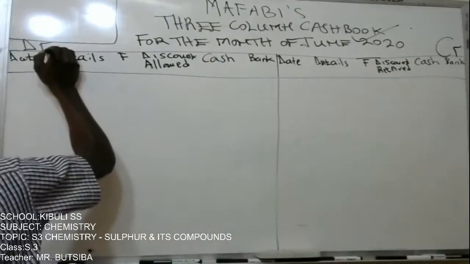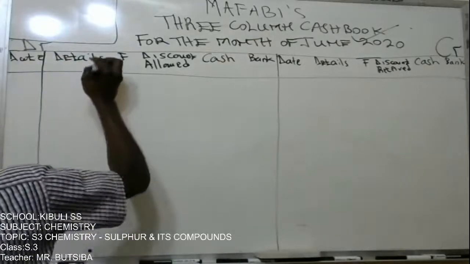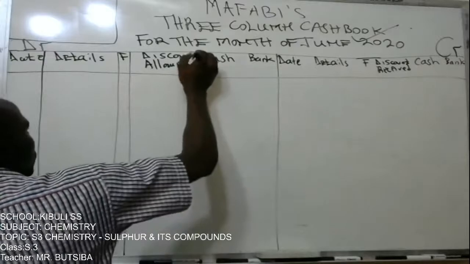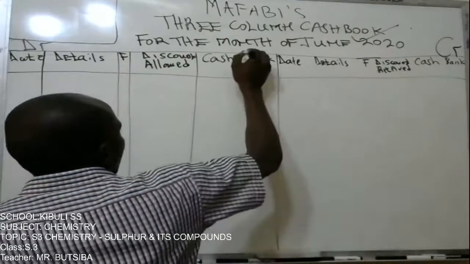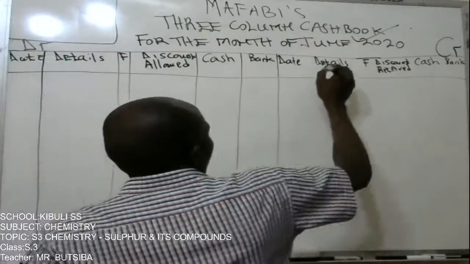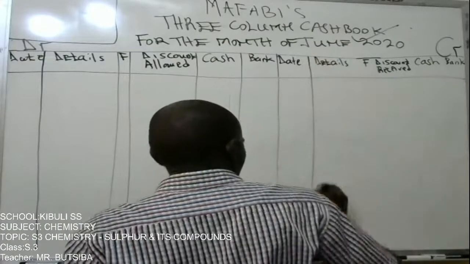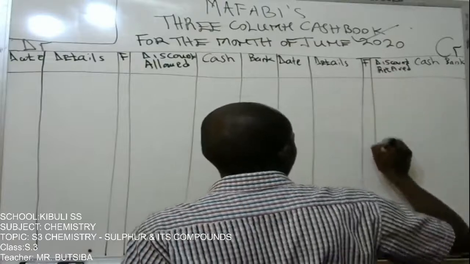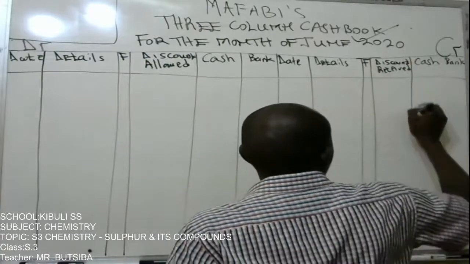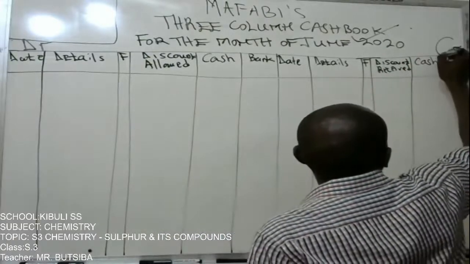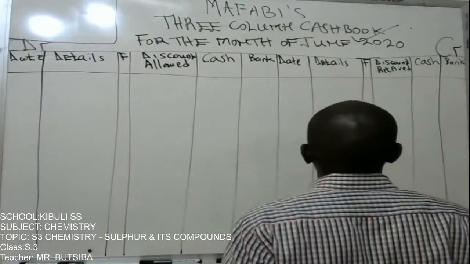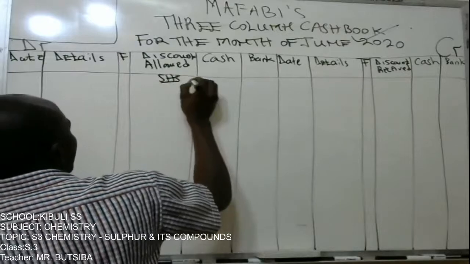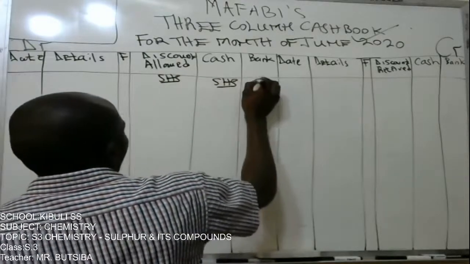So you have the date, details, where you have amounts, you indicate the units to be used. And since we are in Uganda, most of the time the units to use are shillings. So you put shillings in the respective amount columns.